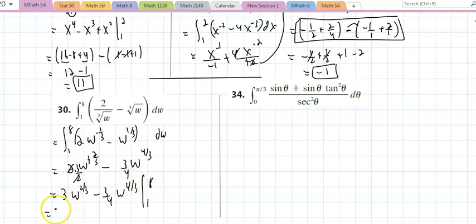So if I throw the 8 in, that's 3 times the cube root of 8, which is 2, squared, that's a 4. Minus 3/4. The cube root of 8 is 2, to the 4th, that's 16. Right? Minus, throw the 1 in, that's 3 minus 3/4.